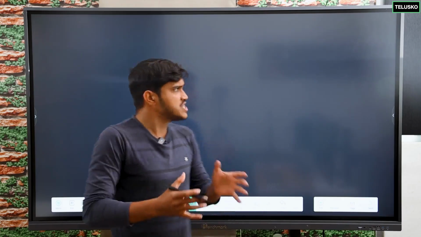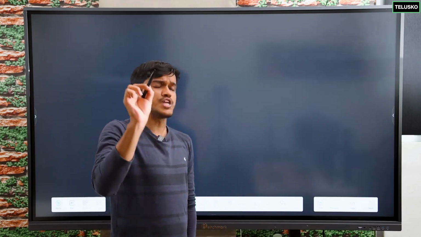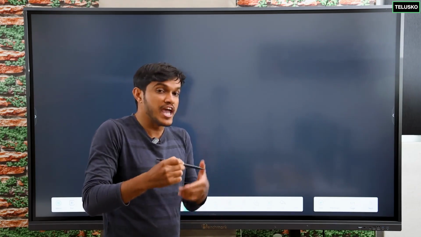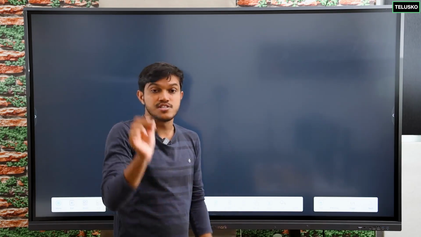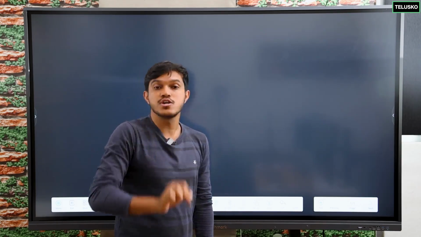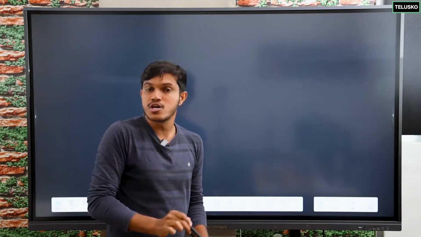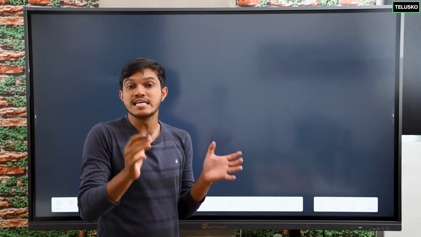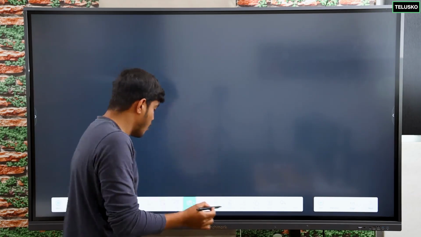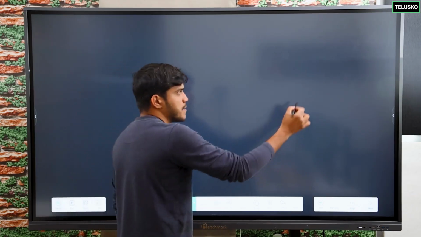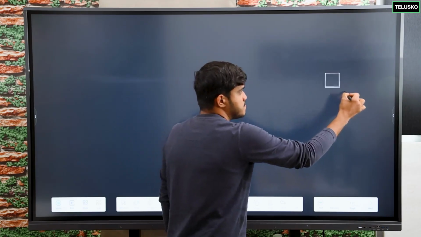To start with, as we have understood, the most important component in your computer because of which everything happens is nothing but your processor. You can call it a microprocessor or you can call it a CPU, which is the brain of your computer, which I would be representing in this style.